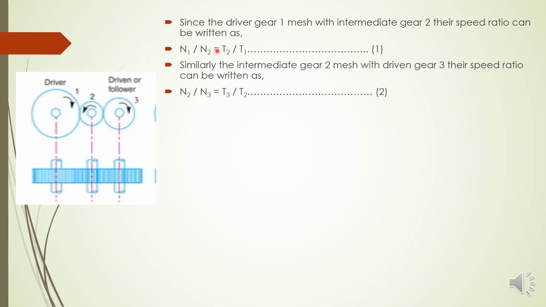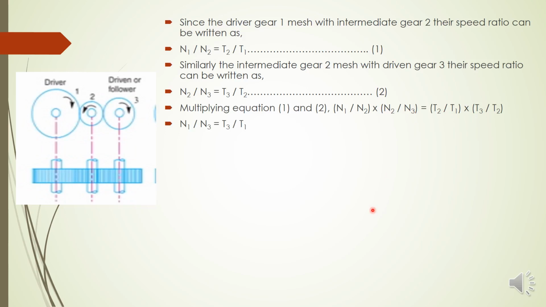But using these two equations, how can we get it? Simply multiply equation 1 and 2. N1 by N2 into N2 by N3, N2 cancels. Similarly, on the right side we have T2 by T1 into T3 by T2, so again T2 cancels. So we get N1 by N3 is equal to T3 by T1.